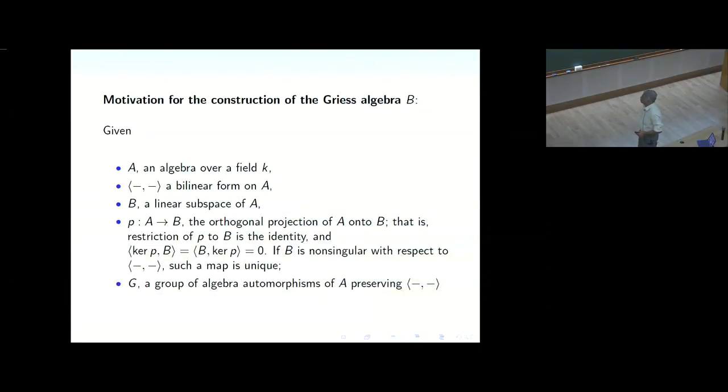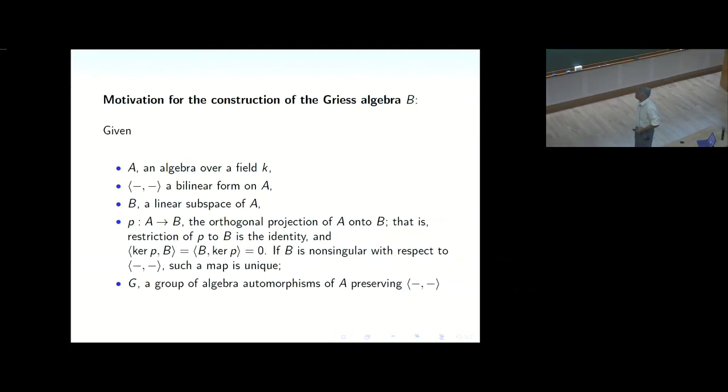So let's go through some generalities. A is an algebra over K with a bilinear form, and B is a linear subspace of A. If you have the orthogonal projection P from A to B, and if B is non-singular, this decomposition is unique.